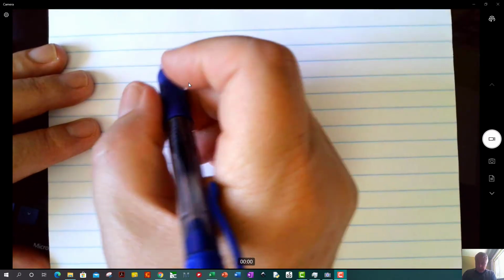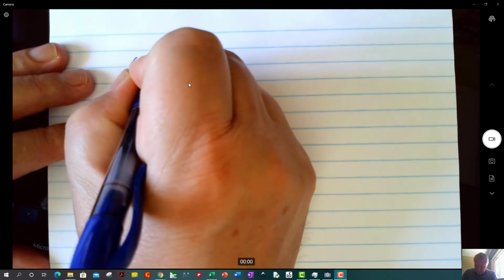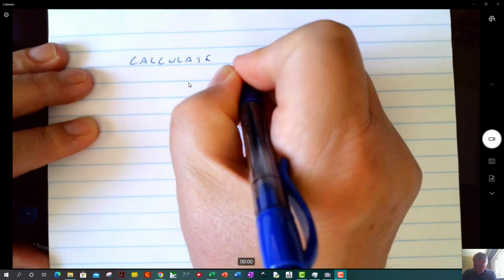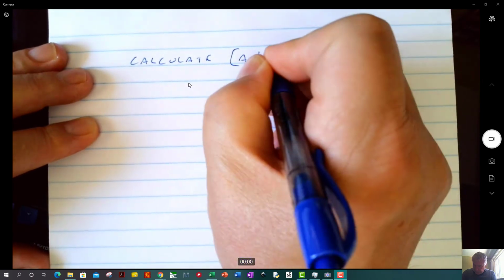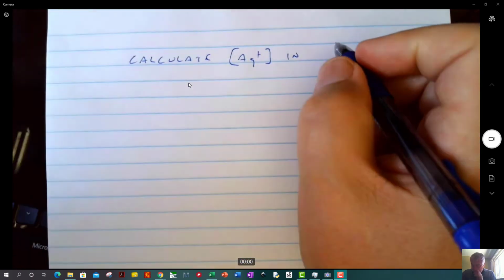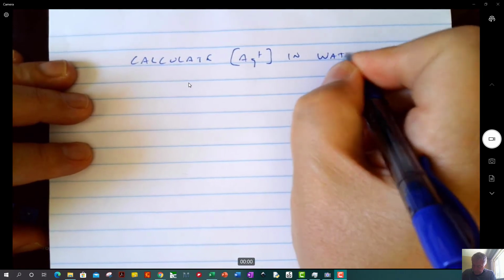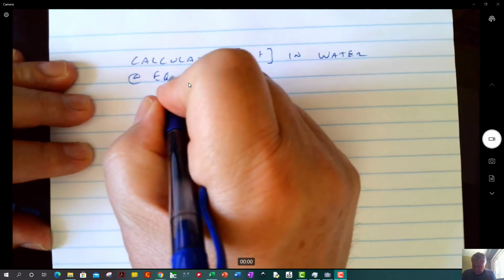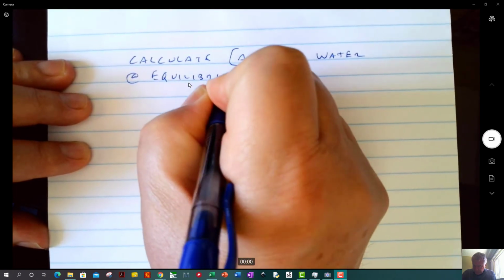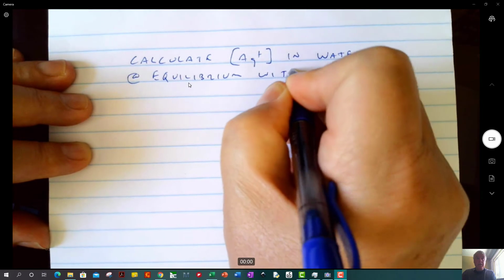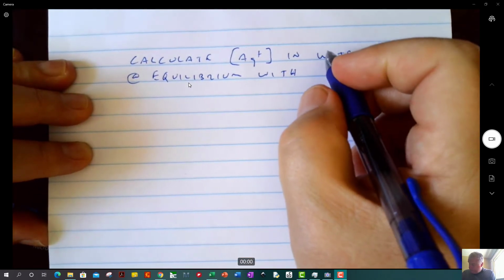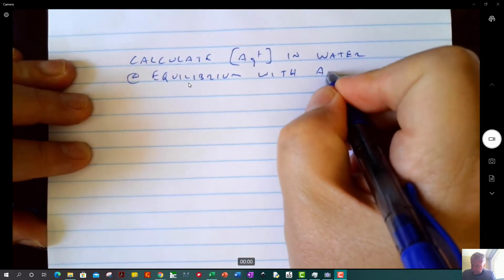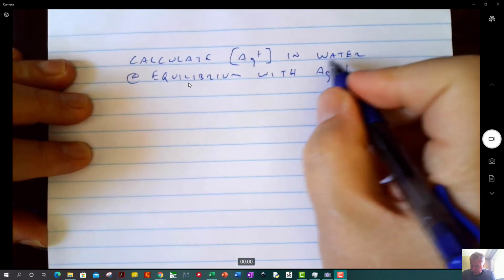So now let's do a quick calculation of an easy one here. Let's calculate the Ag+ ion concentration in water at equilibrium with silver chloride solid.